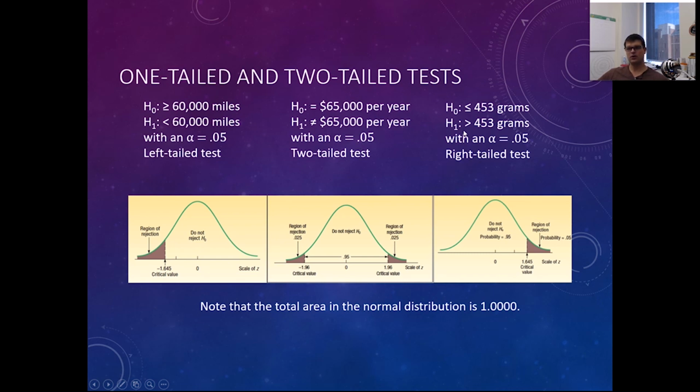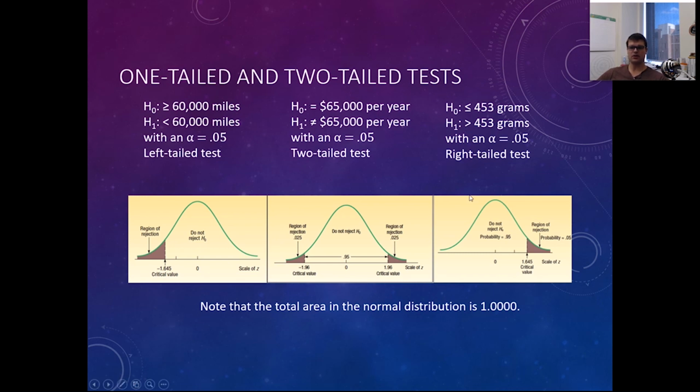And then this one right here, we've got a right-tailed test with an alpha of 0.05, and once again we can tell that the critical value is in the right tail because of the direction of the alternative hypotheses.